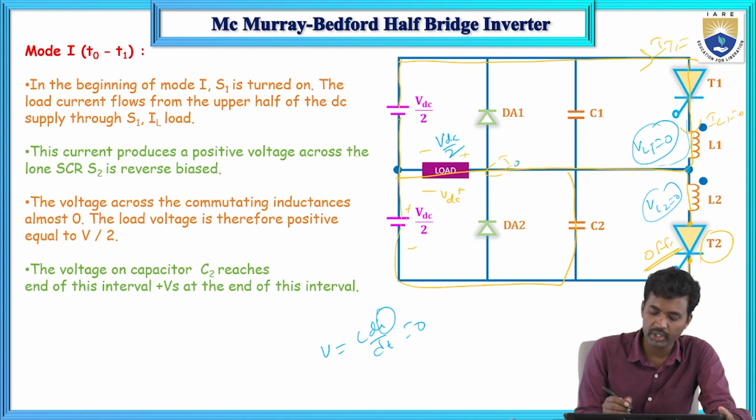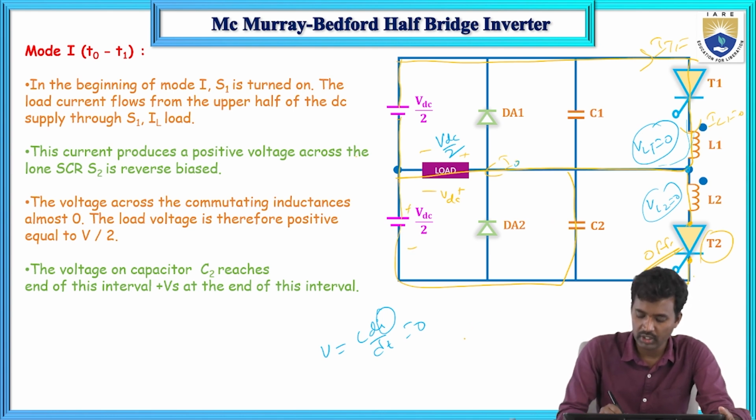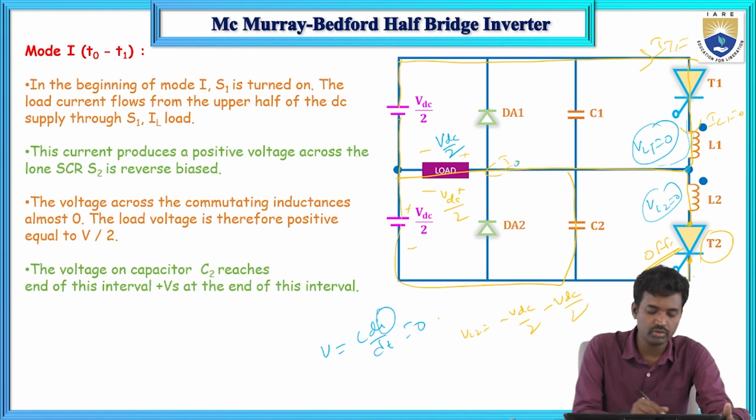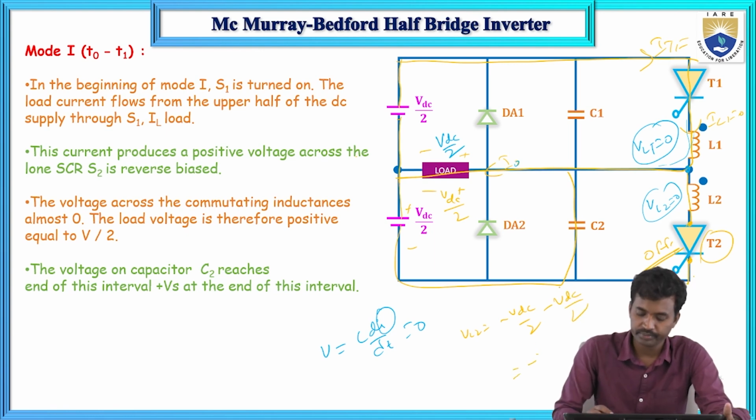So VC2 equals minus VDC by 2 minus, and this is minus VDC by 2, that is VS. So VC2 equals VDC only, that is VS.